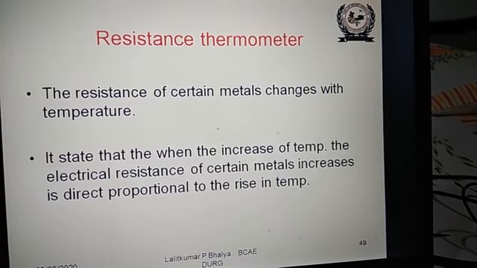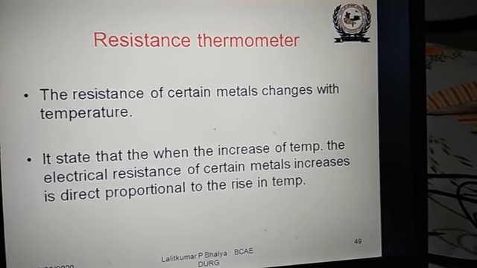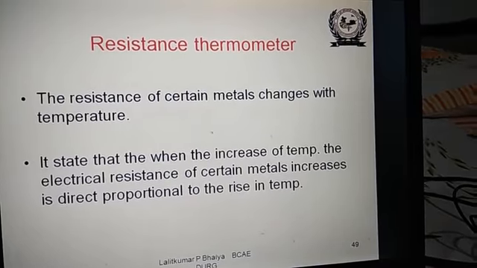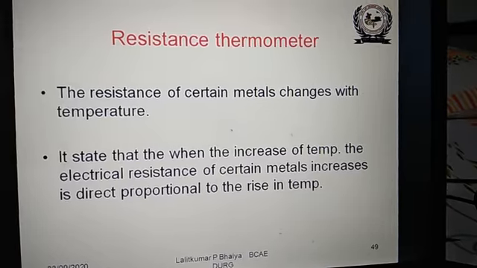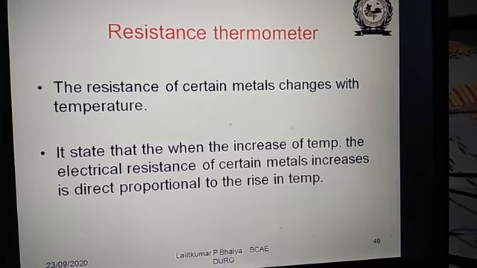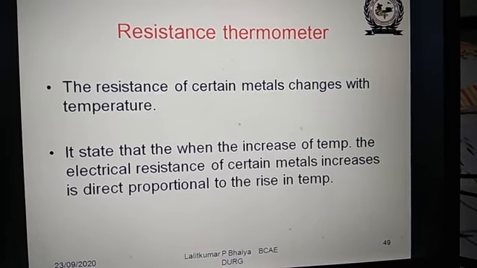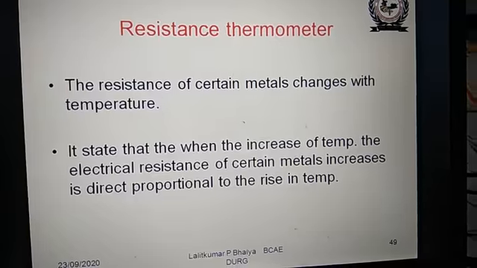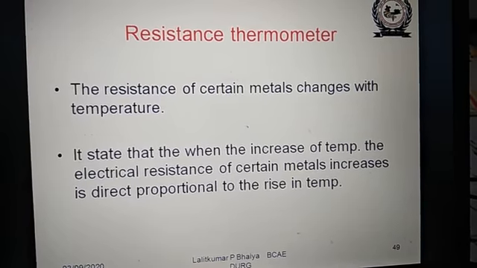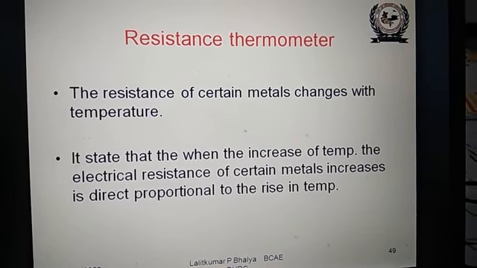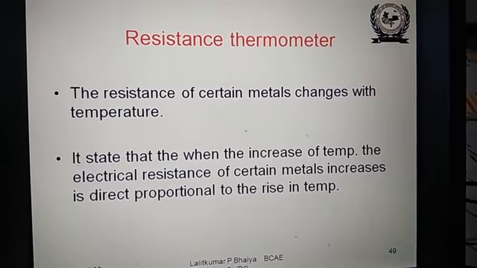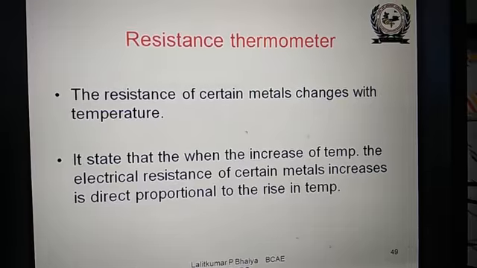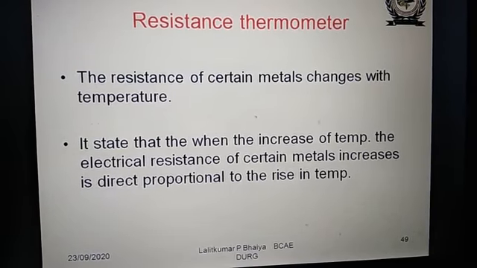Reflection of the hot metal is used in the pyrometer. Resistance thermometer: the resistance of certain metals changes with temperature, and the change in resistance will be observed as voltages at the other end.